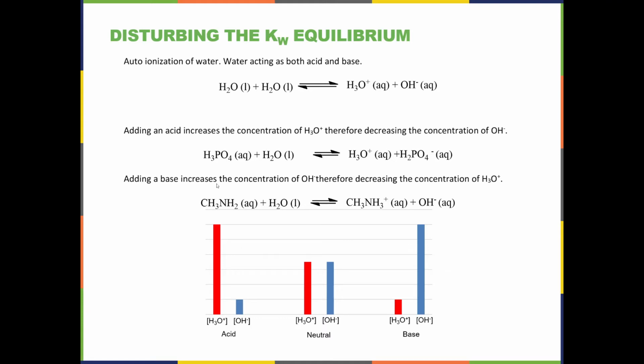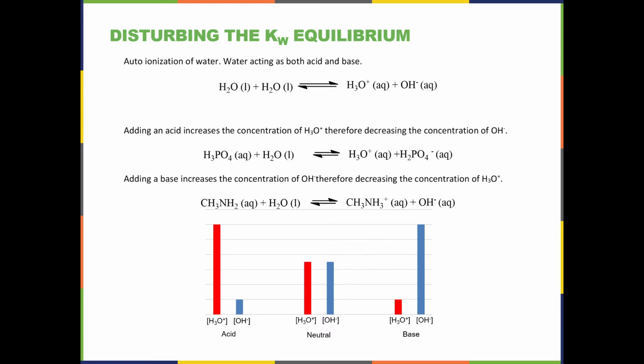So in an acid solution where we add something like H3PO4 and we artificially increase the concentration of H3O+, the H3O+ concentration goes up and the OH- concentration goes down. Note that in a neutral solution, these are both 1 times 10 to the minus 7 molar. But in an acid solution, as the concentration of H3O+ goes up, the concentration of OH- goes down.